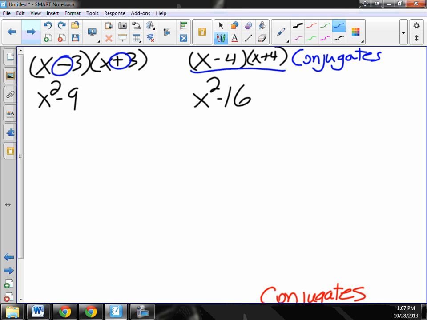When that happens, you create quadratics that are each called a difference of squares. Now you need to remember those because I will use that word a lot. Difference of squares. It's called difference, obviously, because there's a subtraction, and it's two squares.